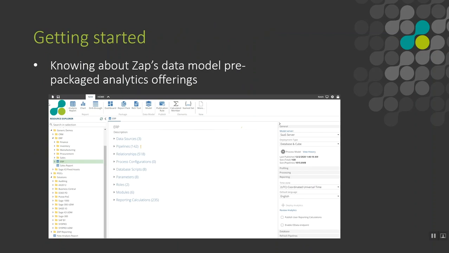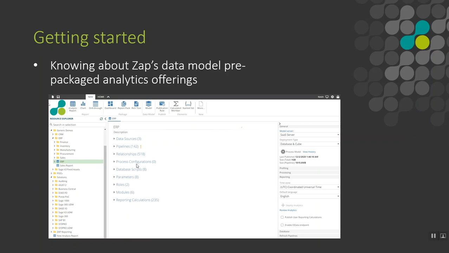So now let's get started. Knowing about Zap's data model pre-packaged analytics offering. In the middle of the screenshot, you will see an ERP model. If you go down the list, we first start with the data sources. These are the data sources that get combined into this ERP model. Each data source has various tables which are converted to pipelines, and the pipelines are related to one another.